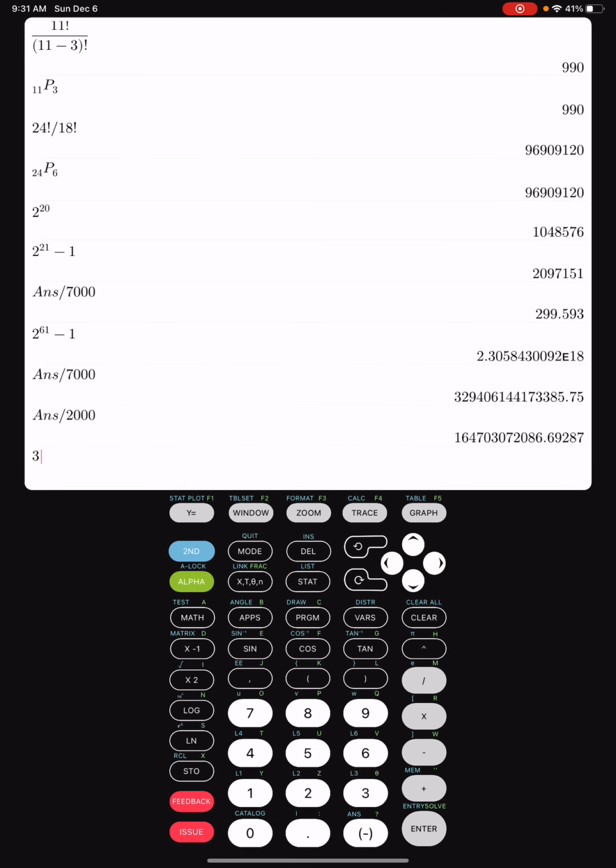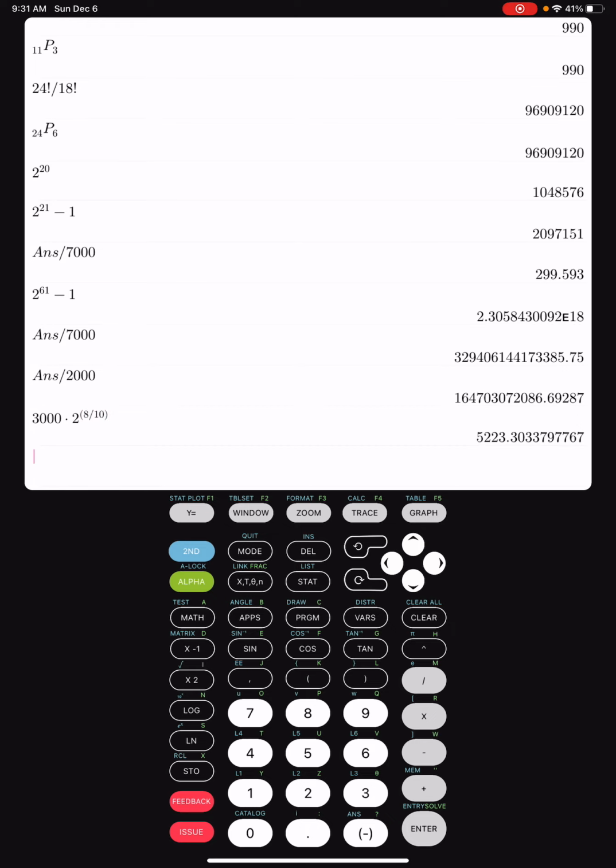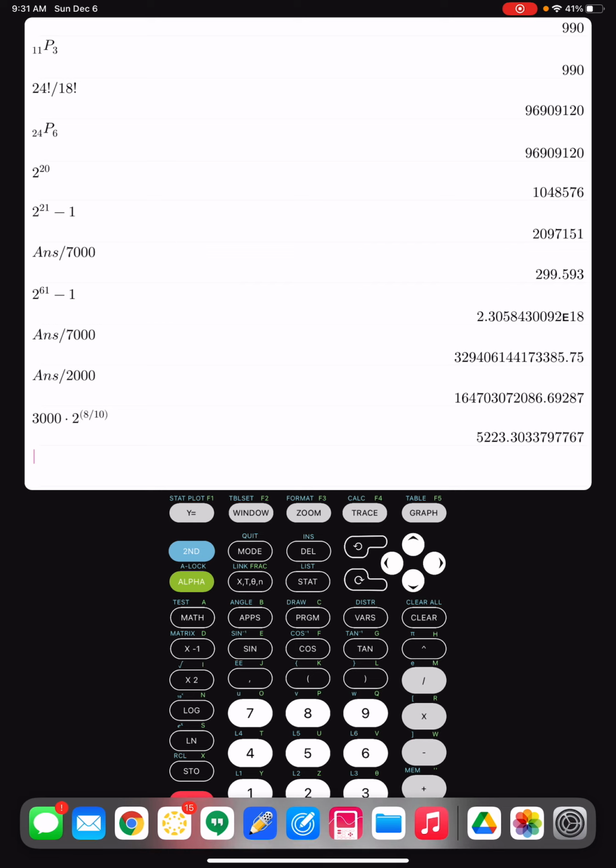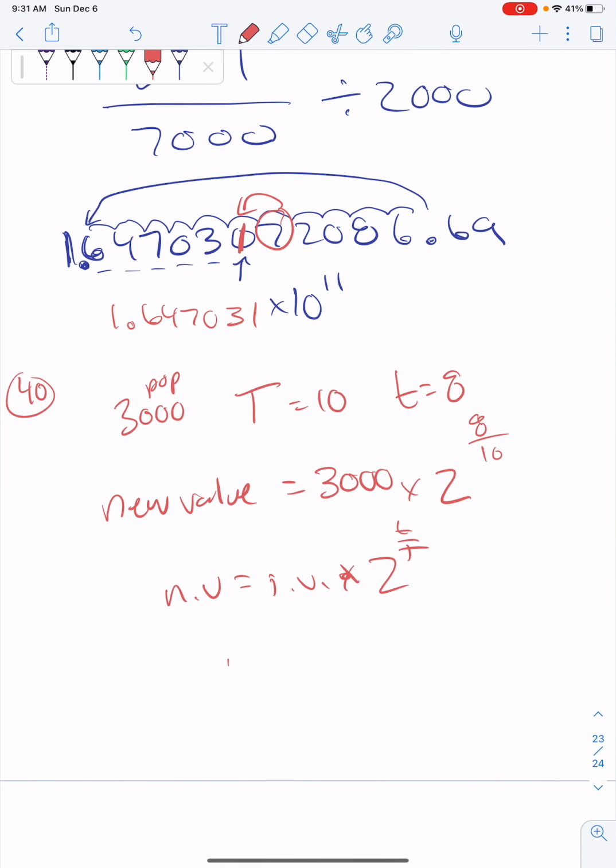So 3,000 times 2 raised to the 8 over 10. When I hit enter, I get 5223.303. And it wants me to round to the nearest whole number. So 5,223 is going to be my new population.